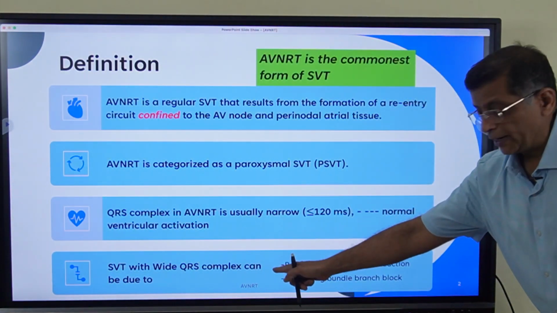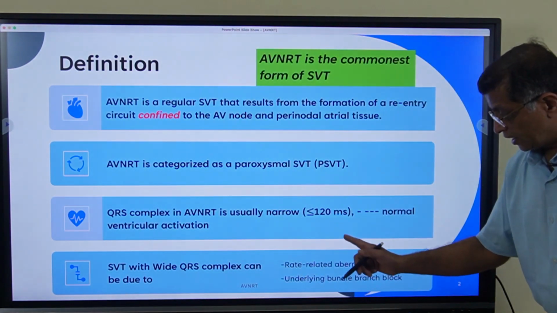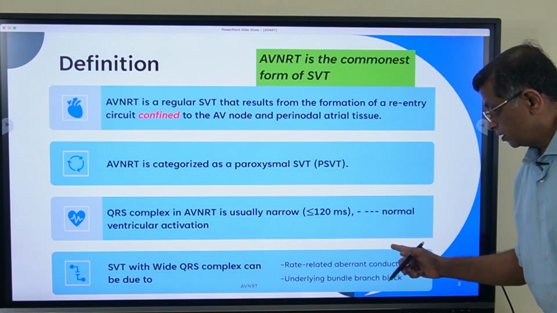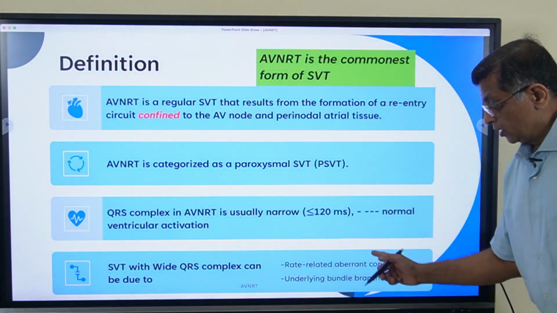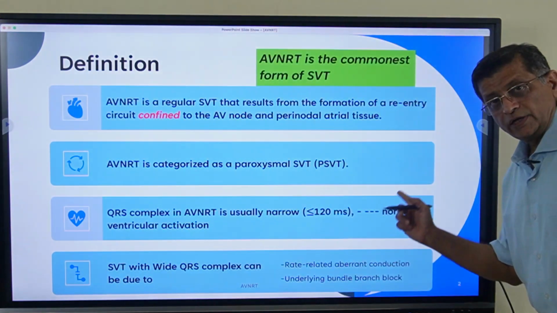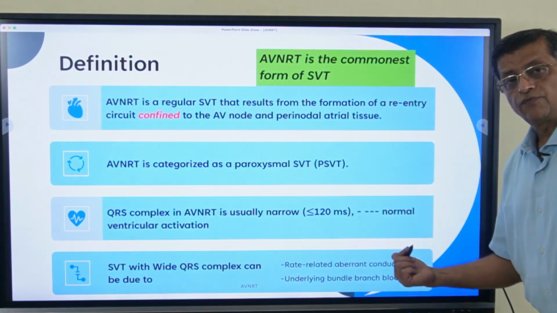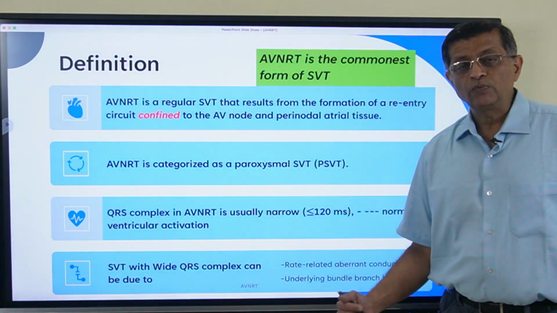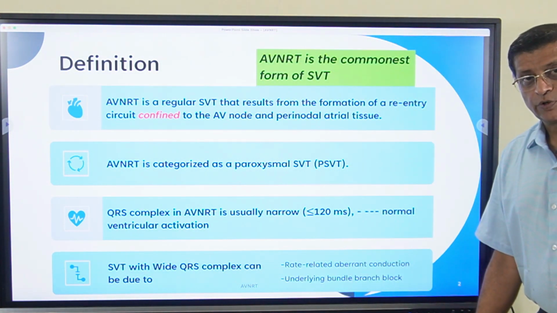SVT with wide complex tachycardia can be due to rate related aberrant conduction or underlying bundle branch block. Rate related aberrant conduction I have already discussed in my previous lecture on re-entry. The link for this is given in the description below. If you want to learn more about it, please see that video again.